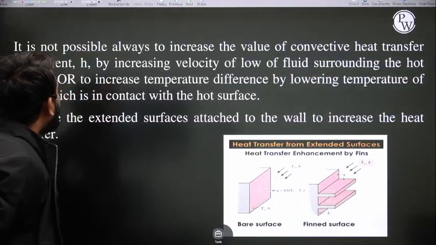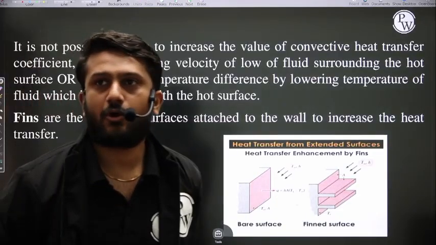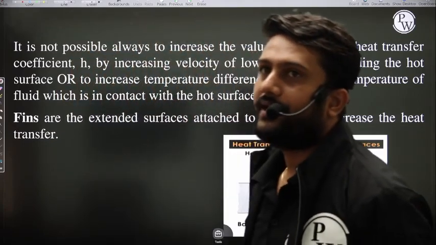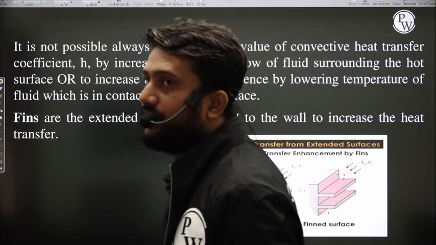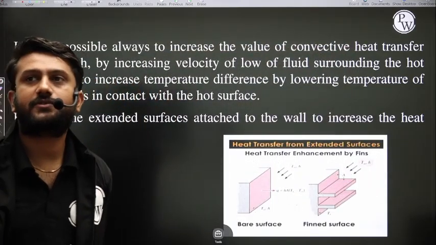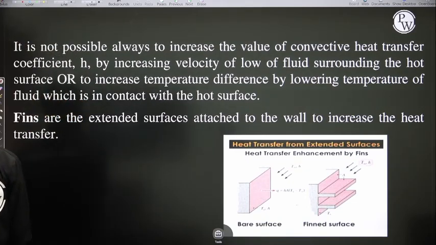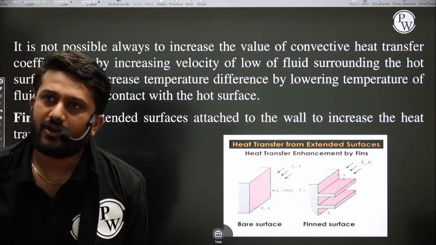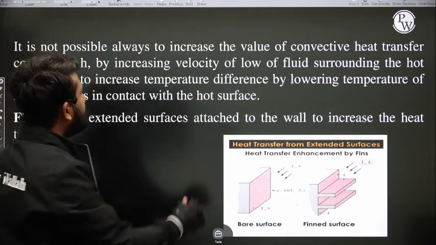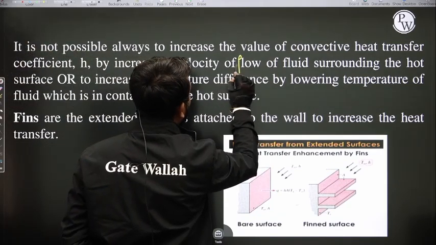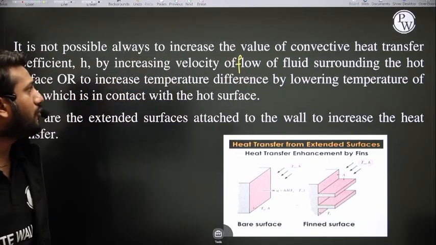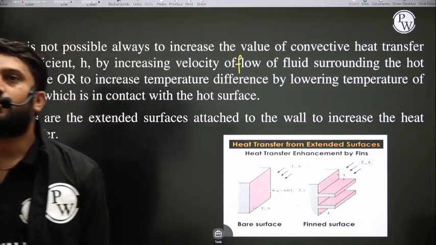Now, read this slide properly. It is not always possible to increase the value of convective heat transfer coefficient h by increasing the velocity of flow of fluid surrounding the hot surface.